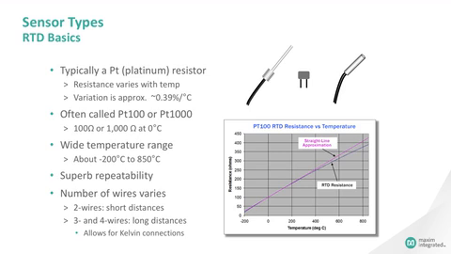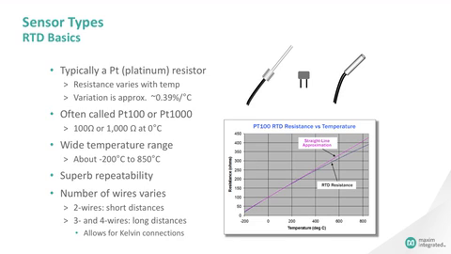The numbers 100 and 1000 in those names refer to the resistance at 0 degrees C. A PT100 RTD is 100 ohms at 0 degrees C, and the PT1000 is 1000 ohms at 0 degrees C. RTDs have a wide measurement range and are very repeatable.